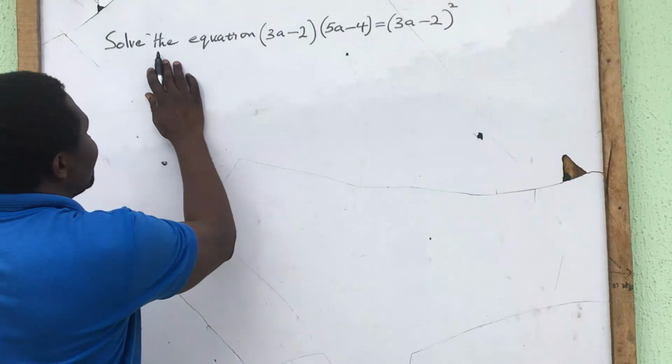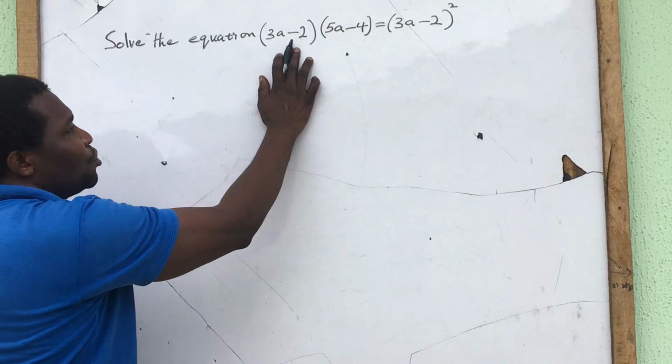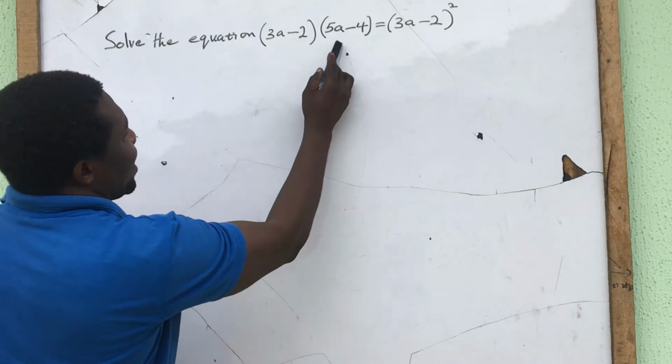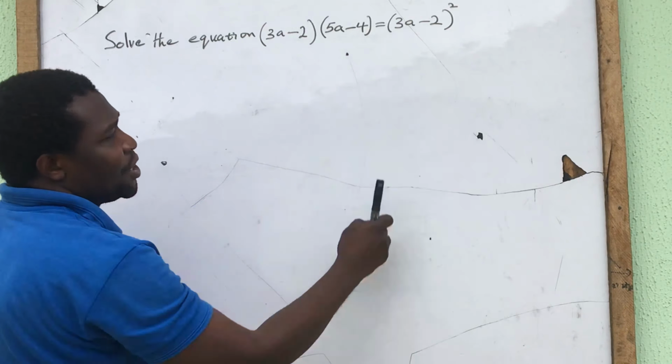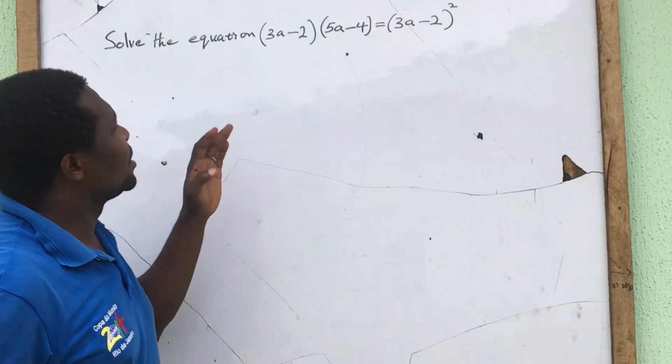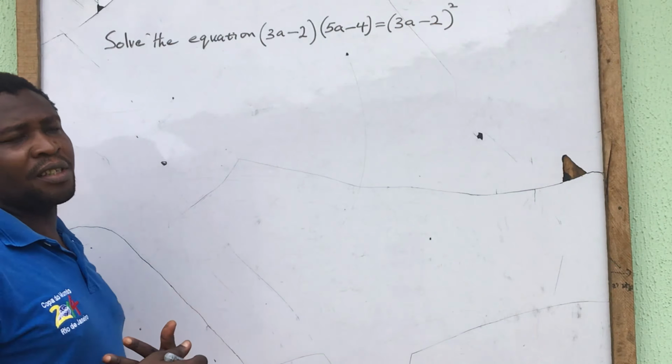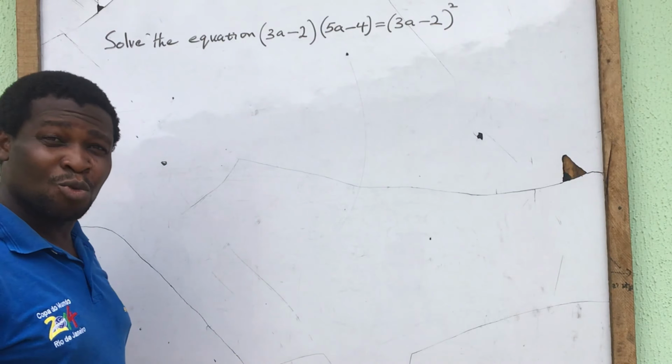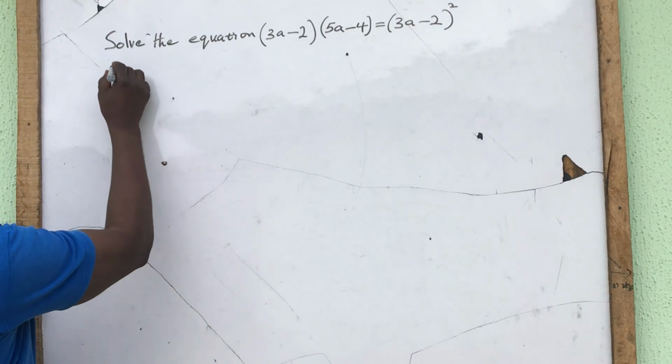Now solve the equation (3a minus 2) times (5a minus 4) equals (3a minus 2) squared. This is a quadratic equation. The first thing to do is to rearrange this equation.